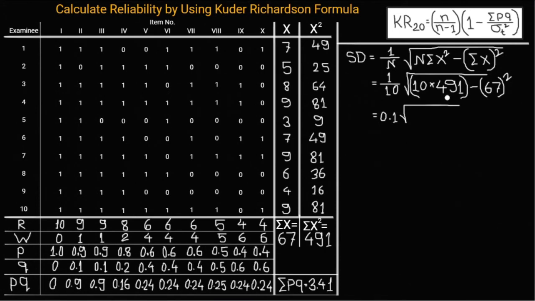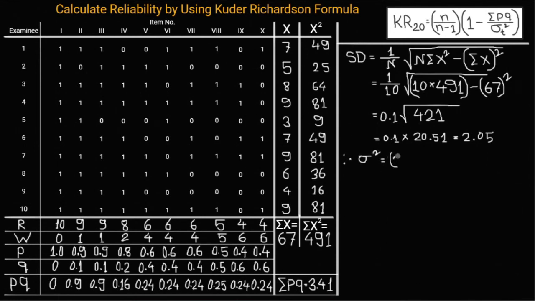So 4910 minus 4489 is 421. Then root over 421, then 0.1 into root over 421 is 20.51, equal to 2.05. Here we calculated the standard deviation or sigma.